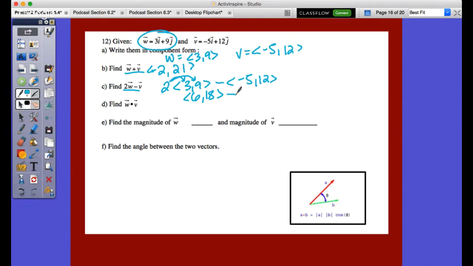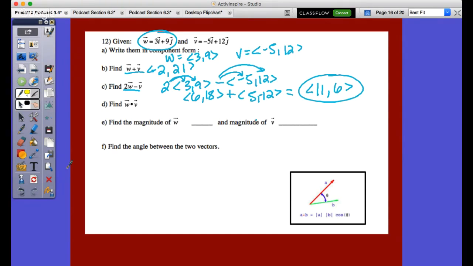And then the minus would go into both as well. So we would say plus, we'll distribute the negative in, 5, -12. And then we combine the x's and y's to get 6 plus 5, which is 11, 18 minus 12, which is 6. And that's how we get 11, 6 there, okay?